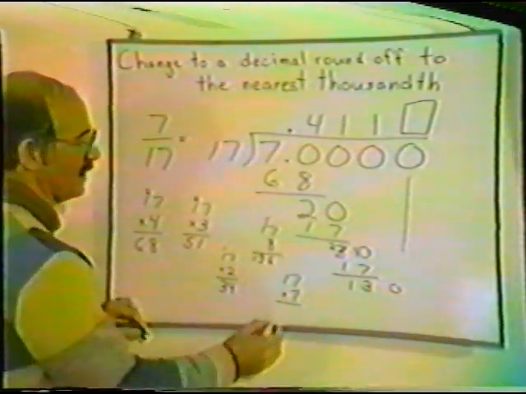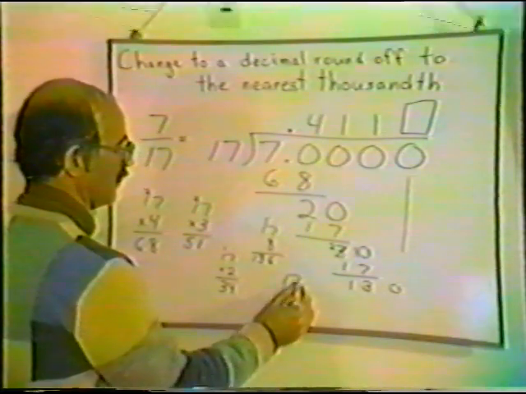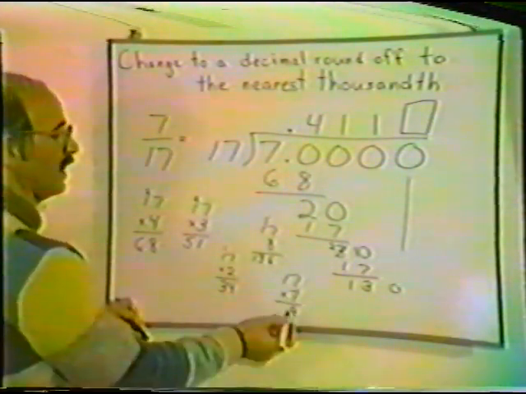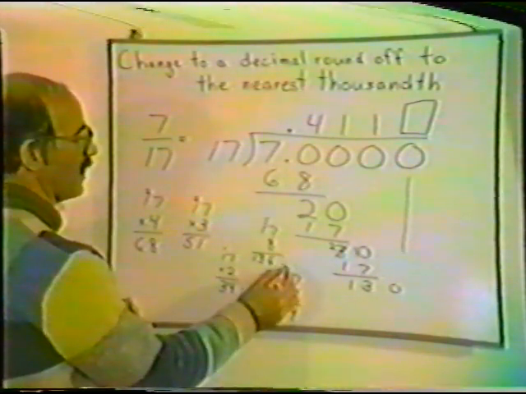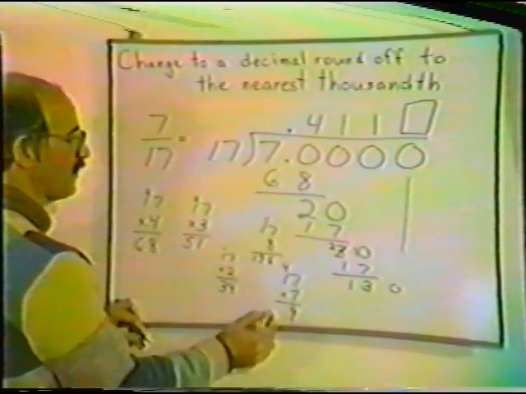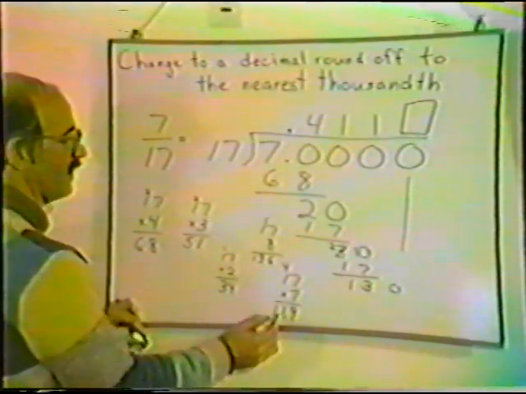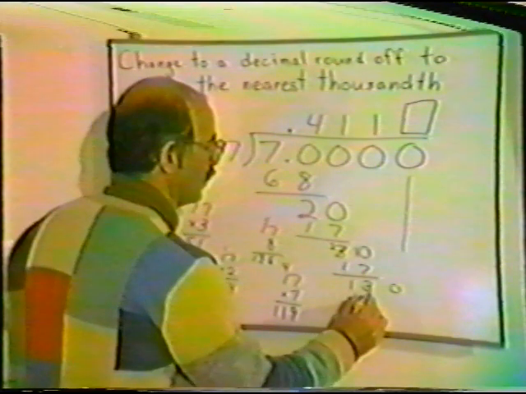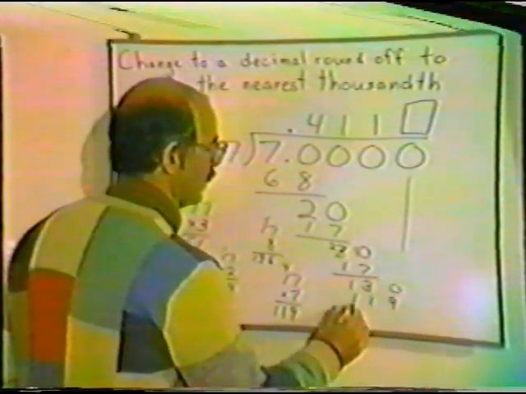7 times 7 is 49. Put down the 9, carry the 4. 1 times 7 is? 7. Plus 4, 11. 119.